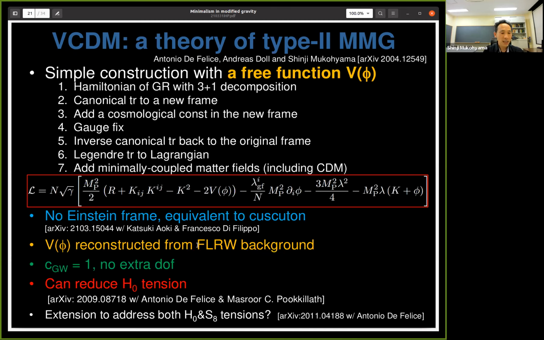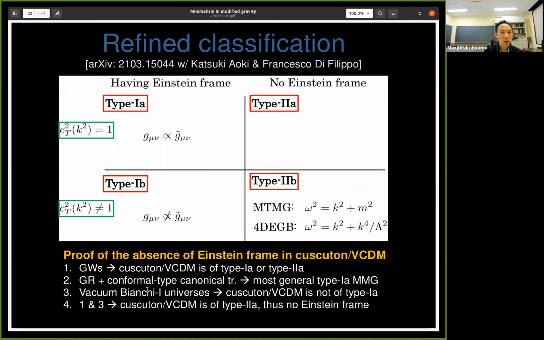Then the speed of gravitational waves is 1. There is no extra degree of freedom, so this is very safe. And because we can construct any Friedmann background, this can reduce the H-naught tension. So this is the proof of the absence of Einstein frame, namely this theory is type 2.